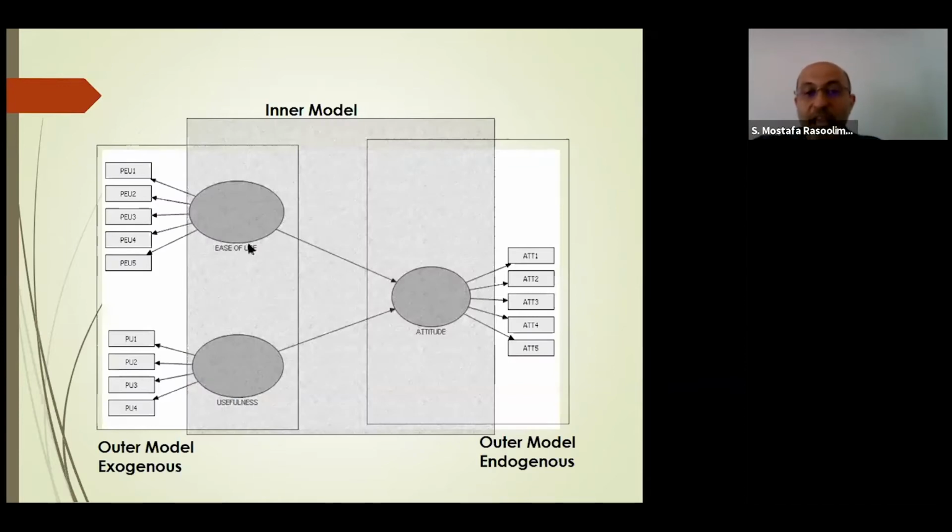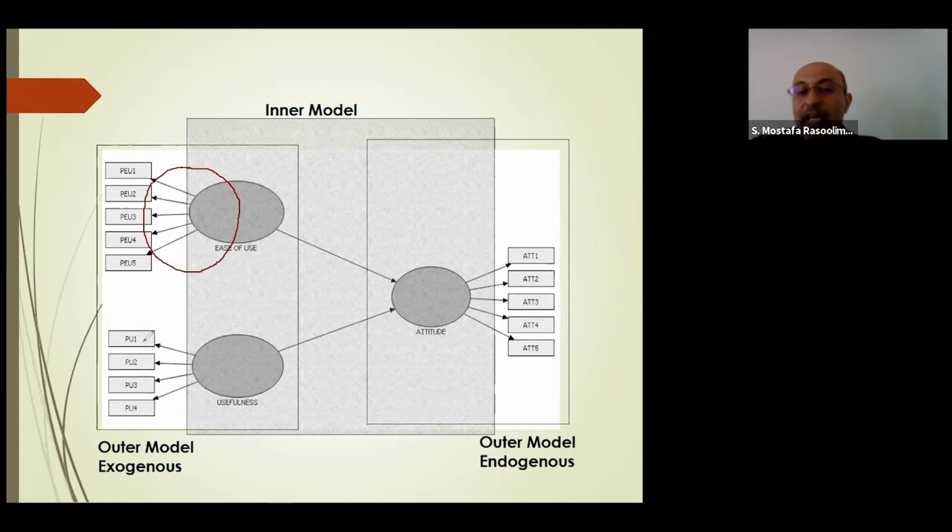Inside a construct means how items measure this construct. Okay, here, ease of use. Ease of use is measured by 5 items. So when we talk about the relationship between these items and ease of use as a latent variable, we refer to this one, right? So this is outer model or measurement model.